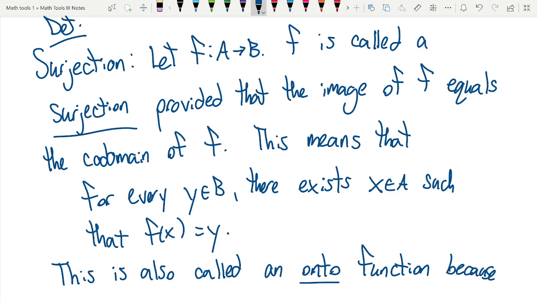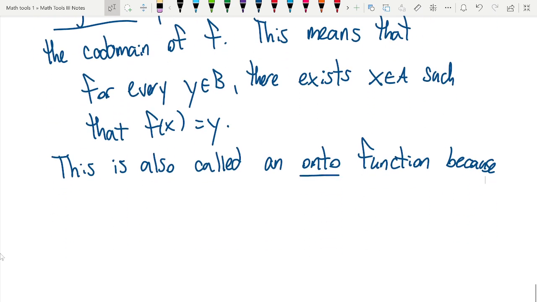Because f maps A onto B. Okay, so that's the logic there. It's like it's covering the entire codomain with your image. So f takes every element of A and maps it onto every single element of B. So it's like it's covering it. You're putting A onto B.